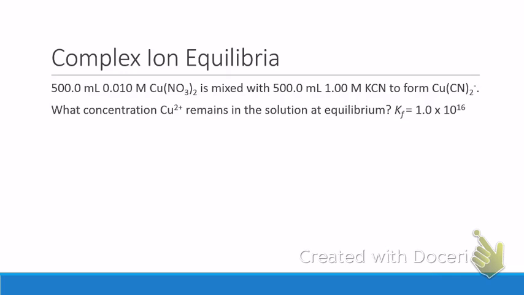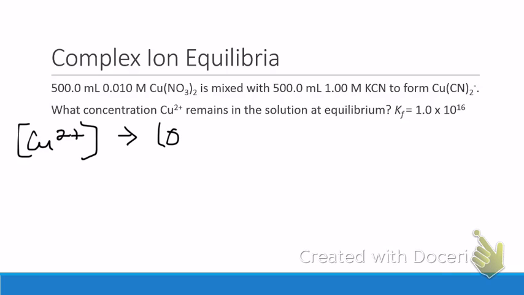Once again, our first step is going to be to find the initial concentrations of our reactants so that we can plug that into our equilibrium. So we know we start with copper 2 plus, and for the concentration of copper 2 plus we can again use our dilution equation.